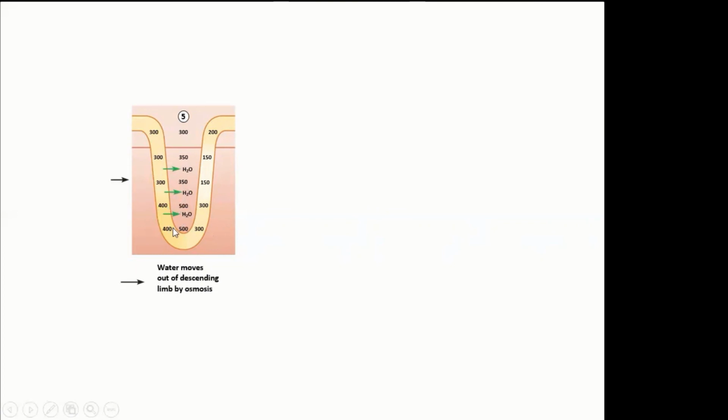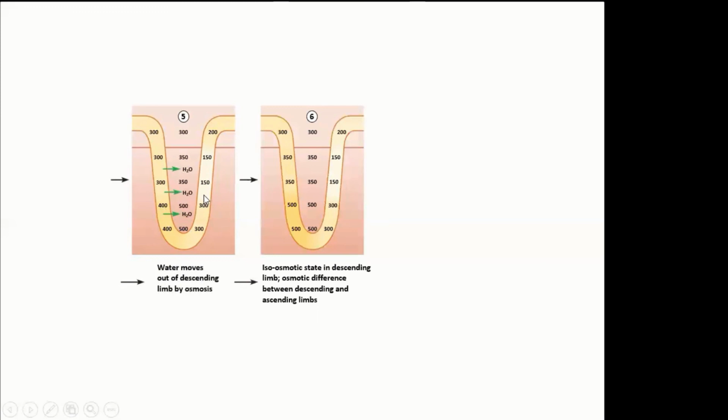The fluid is all continuing to move. So this 400, as it moves into the ascending limb, is going to be going down as solutes are being removed. Okay. So everything here then eventually reaches equilibrium. So we reach our equilibrium 350 up here near the cortex, down to 500 here at the turn of the loop of Henle.